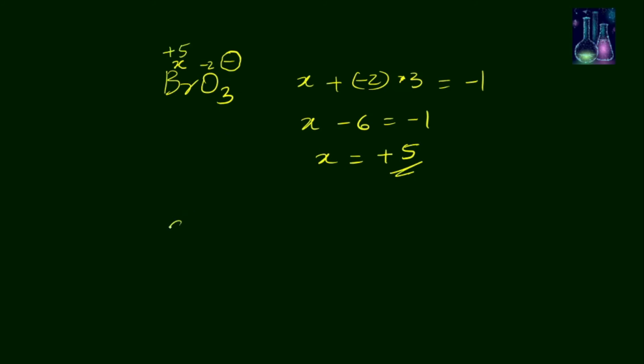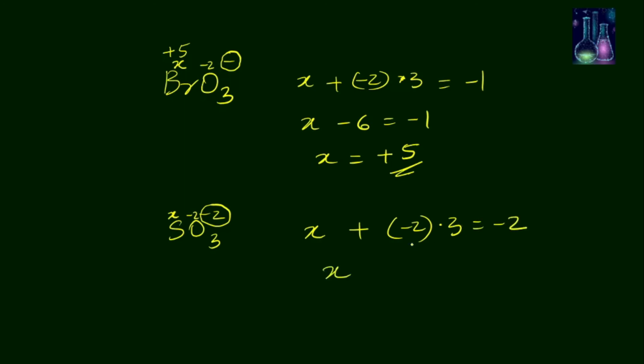Another example, SO3 -2. The net charge on the molecule is -2. Let's assume sulfur as X, each oxygen -2. Therefore X plus -2 into 3 equals -2.